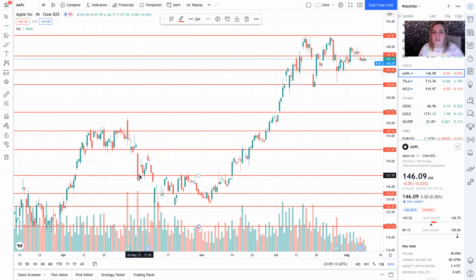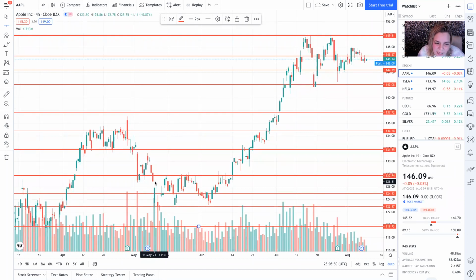At one point, this candle was red, so it looked like it was rejecting and going the other way. Okay, so an instance like this would be what we look for: a break, a retest, and an entrance, okay?